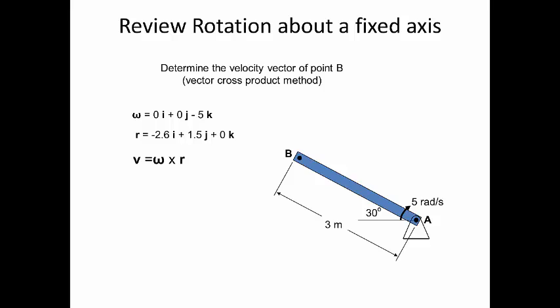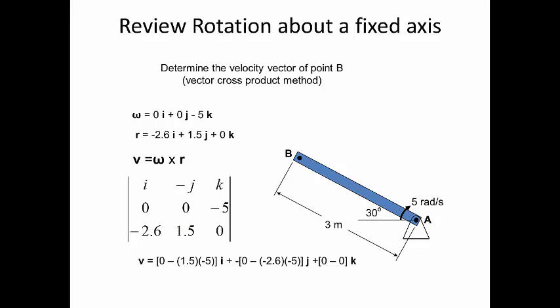If we take the cross product of these two vectors, we can determine the velocity vector. So the velocity vector is equal to the angular velocity vector crossed with the radius vector. Let's set up our matrix and run this cross product.